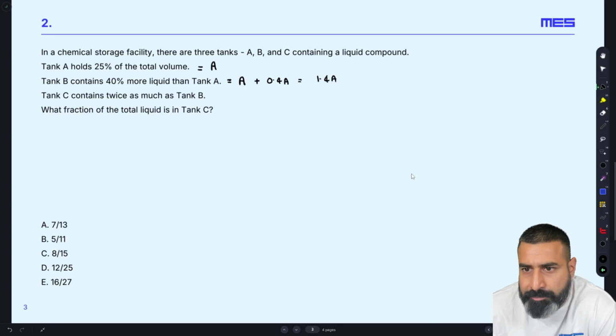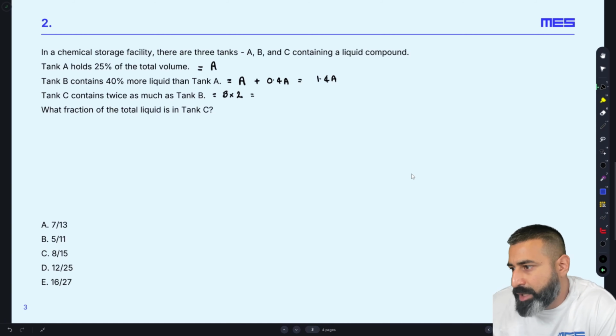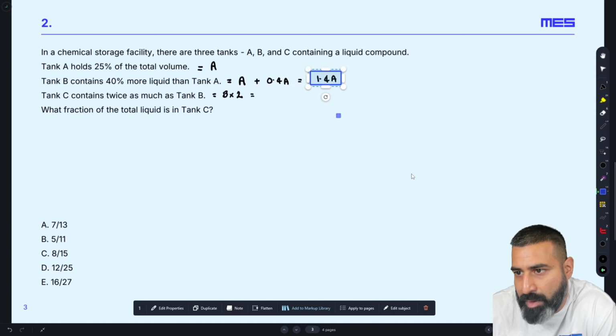And then tank C contains twice as much as tank B. So C is equal to tank B times 2. Now we already have an expression of tank B in terms of A. It's 1.4A.